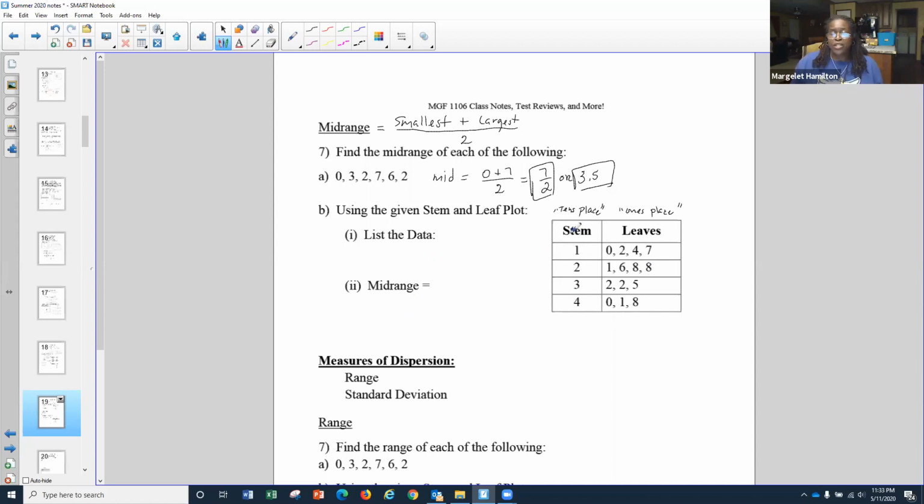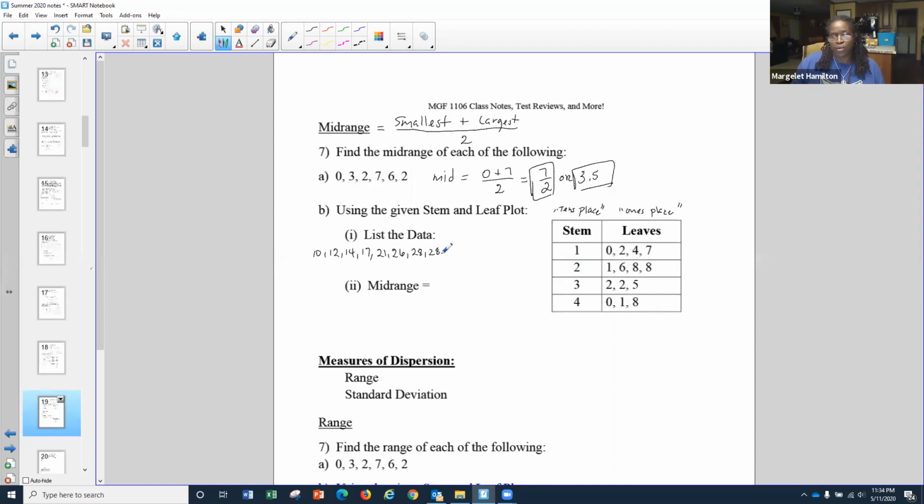Here they're asking us to list out our data. When we list out our data from our stem and leaf plot, we're going to go row by row and pull the information out. So we have 10, 12, separated with a comma, 14, 17. Going to the next row, we have 21, 26, 28, and 28.